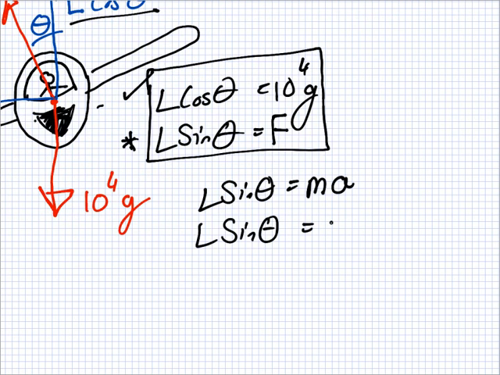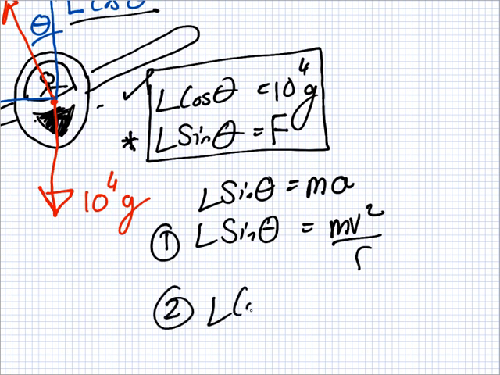Do you see it in your formulas? For a, v squared over r. So I'll call this equation 1, and equation 2 is L cos theta equals mg.